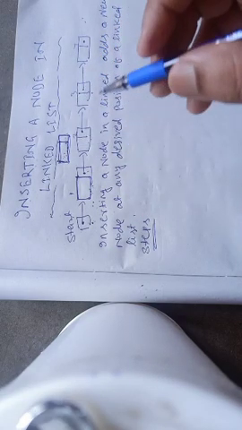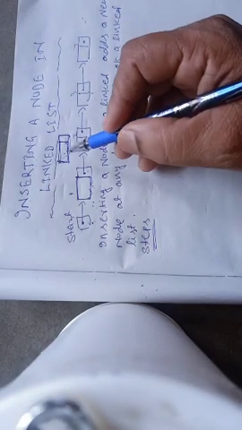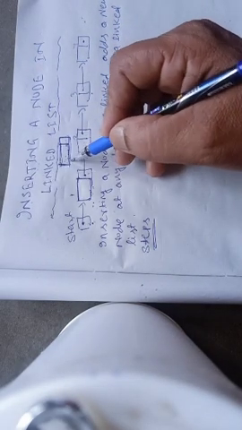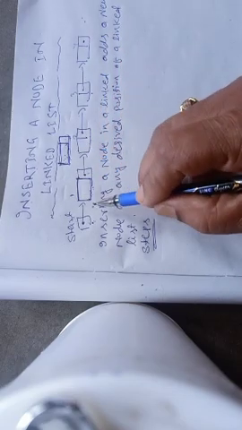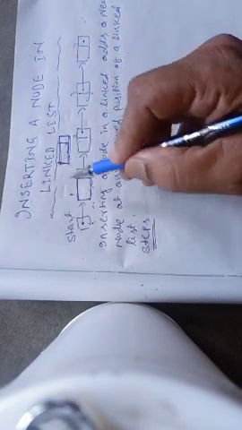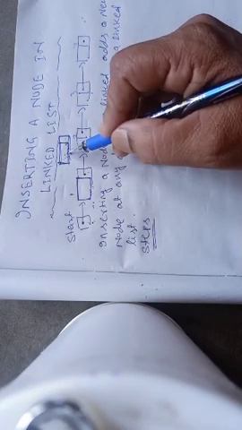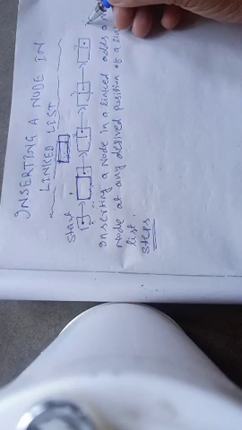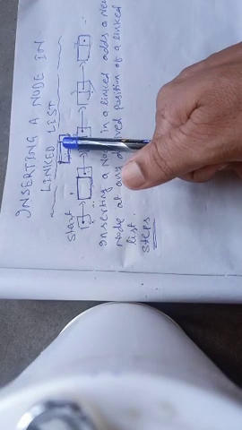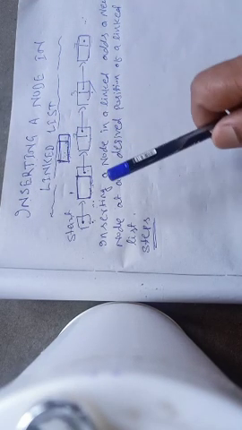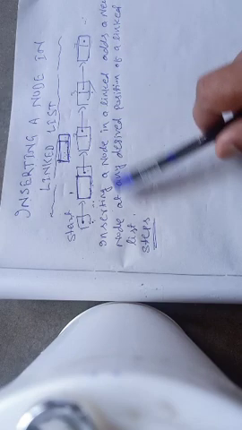When I say desired position, it means the new node may be attached at the beginning of the linked list, so that the new node becomes the first node and the first node becomes the second node, or this new node may be attached at the end of the list so that the new node will be the last node. So after the last node of the linked list, the new node can be attached, or this new node could be attached in between any two nodes that are present in the linked list.